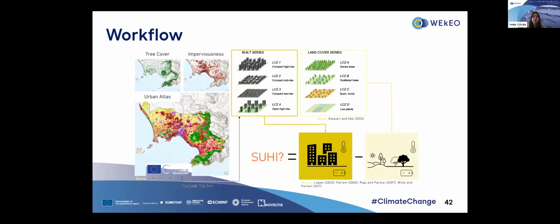So into the workflow and what we actually did at PlusAtlantic. So of course, initially the workflow begins with the collection of input data. The base layers of this methodology are Urban Atlas and Corine Land Cover. Then we also have additional information: the tree cover density, the dominant leaf type, grasslands, and impervious density.